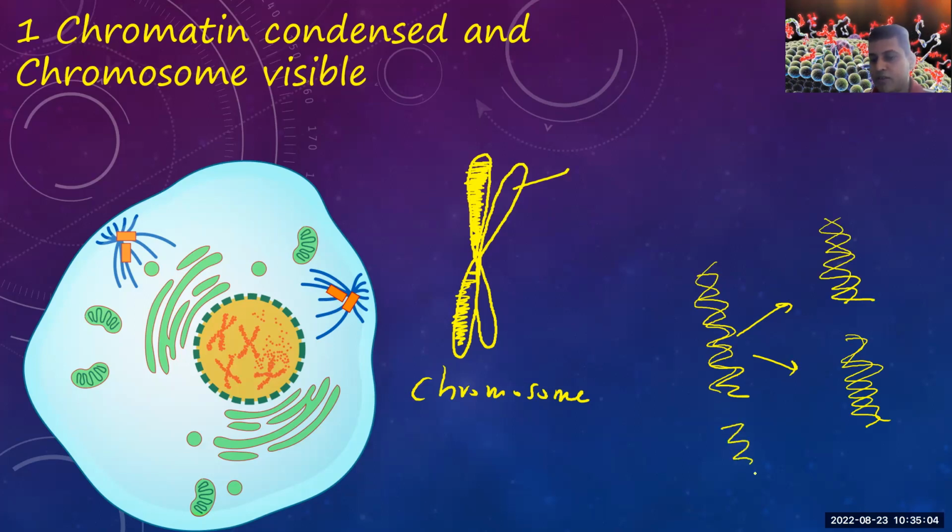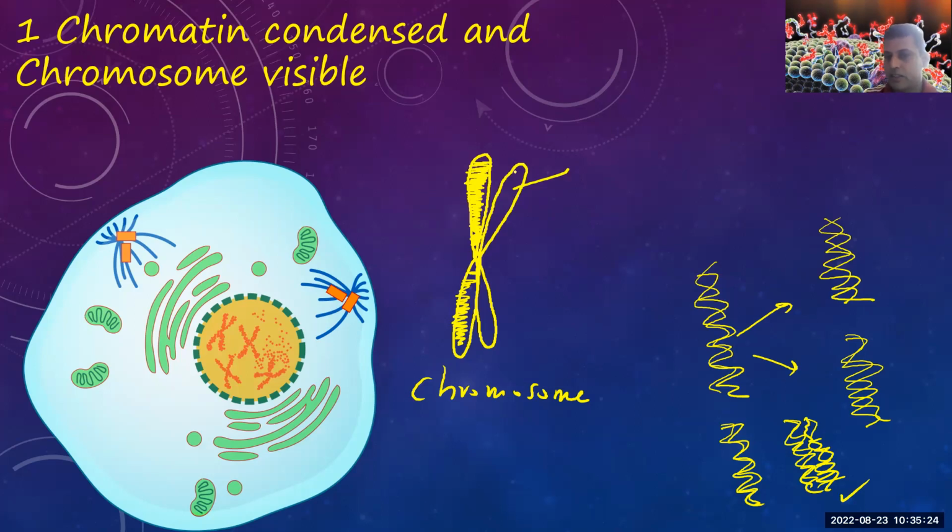So I can draw it like this then. Here is the DNA molecule, and the DNA molecule is copied. When it is copied, they are not apart like this. Not like this, they're like this. So they don't separate from each other.